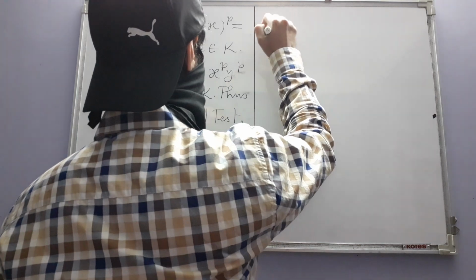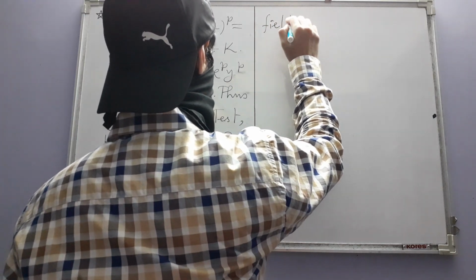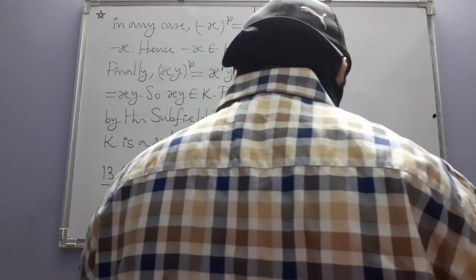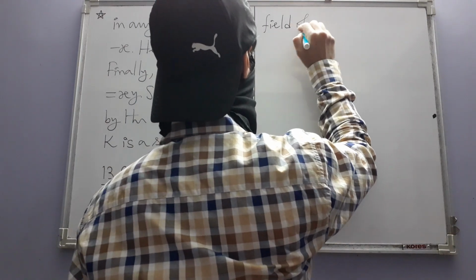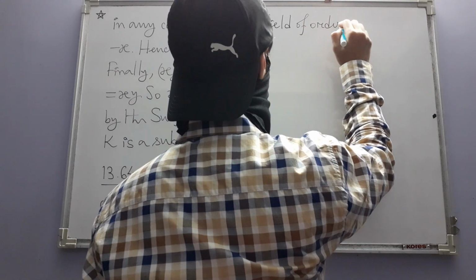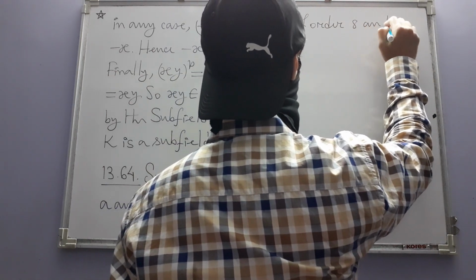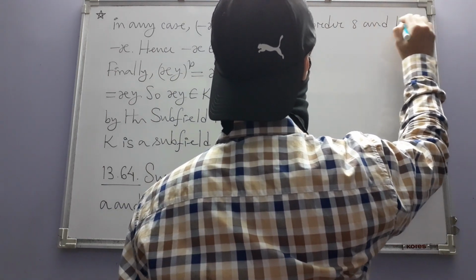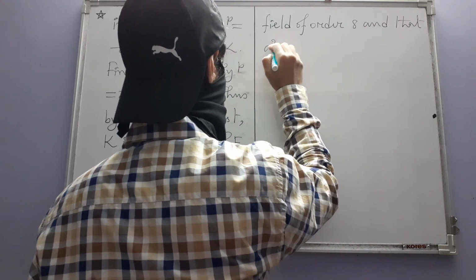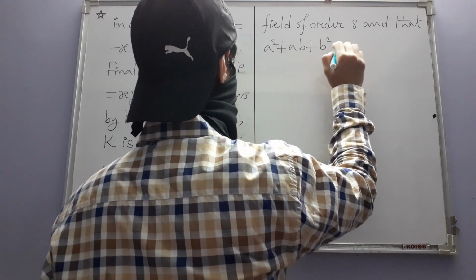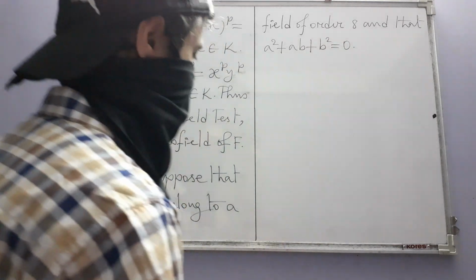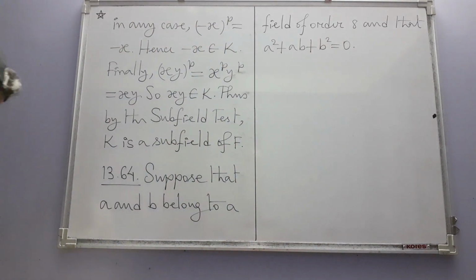To a field of order 8, and that a square plus ab plus b square is equal to 0.